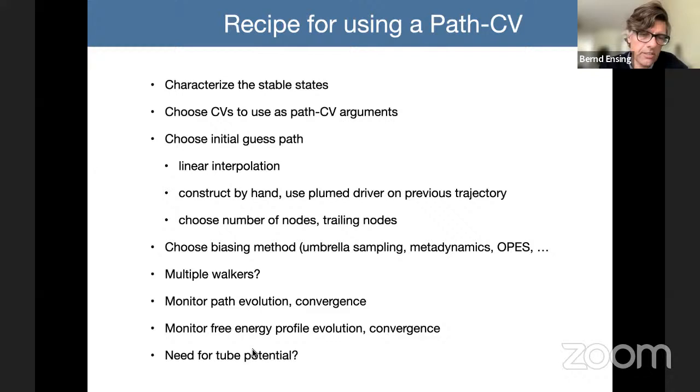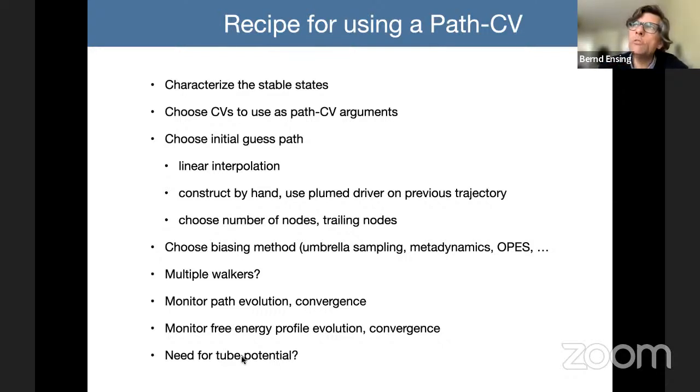And then there's other features that you can add, such as a tube potential, and also in the exercises you will be asked to think about using a tube potential. So what does a tube potential do? A tube potential is basically an extra potential that works on the path, orthogonal to the path, so this so-called Z direction, so the distance away from the path, to make sure that you stay close to the path.